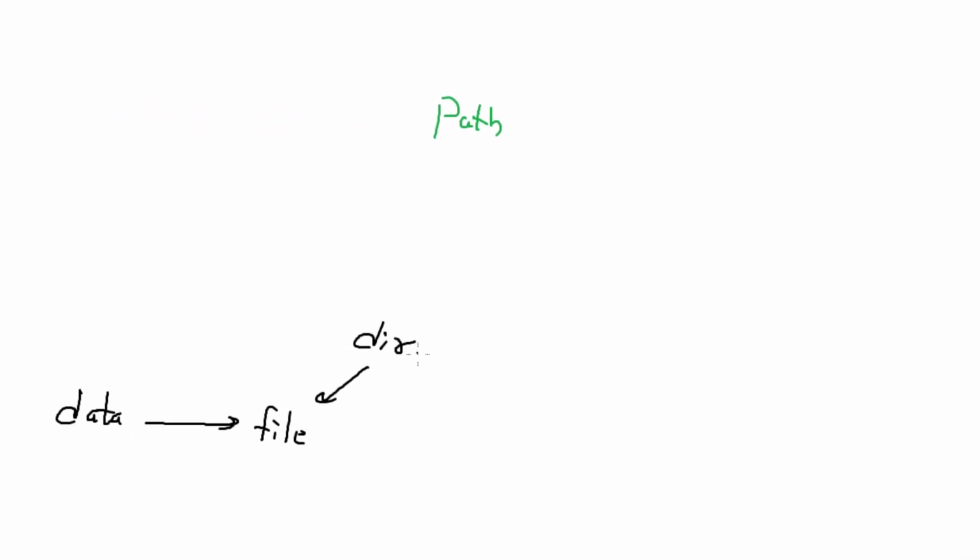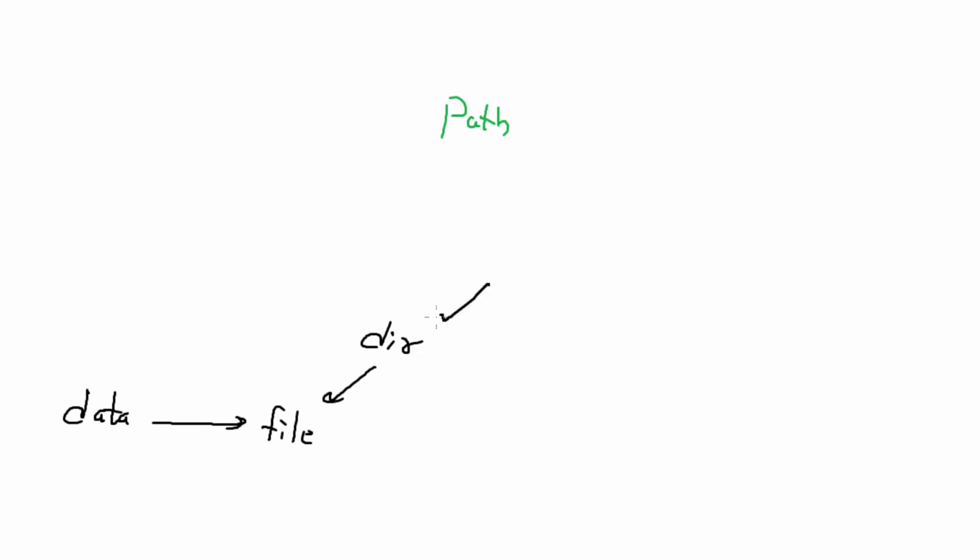But a file is always in some folder or directory. That directory would be in some other directory, and that again in another directory. But obviously there should be some top directory, with nothing above it.